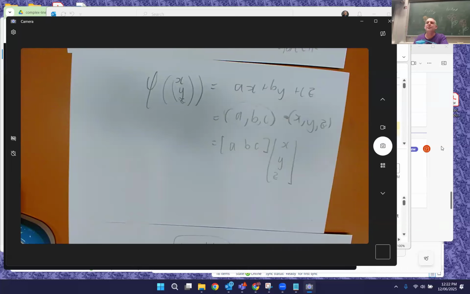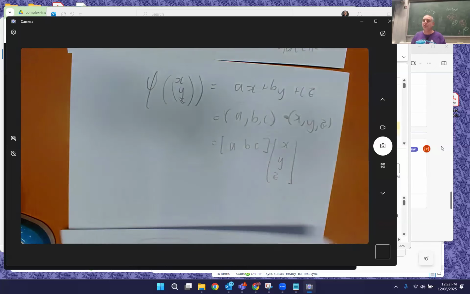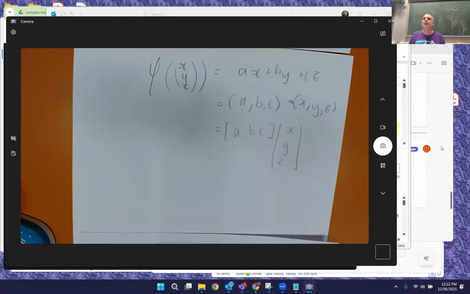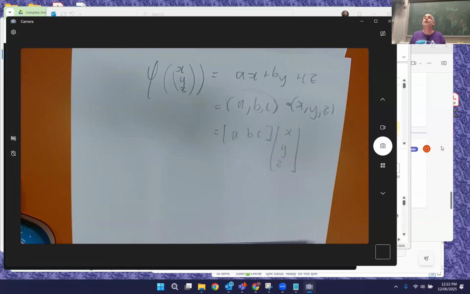Oh, it's this whole dual basis thing, isn't it? That's okay.